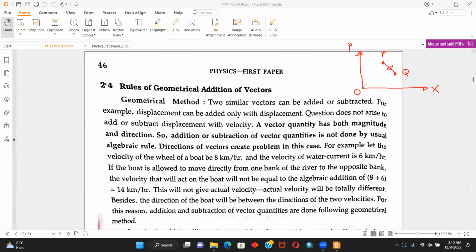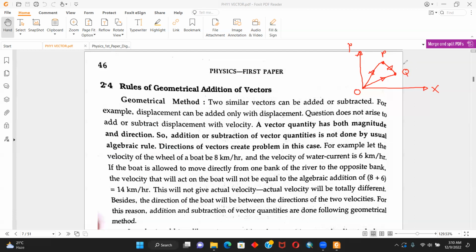Because if we join OP and OQ, we will get the position vectors. So the distance from the origin can clearly be known. Are you getting my point? If we know the distance and direction of OP and OQ, this can help us recognize what the PQ vector will look like.